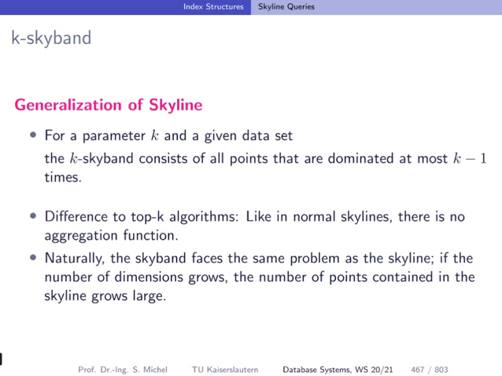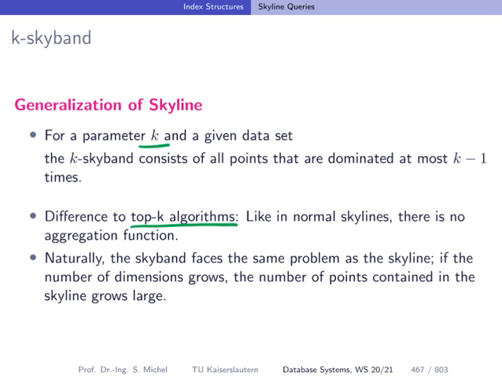You can generalize the concept of skyline into the so-called skyband, where there's a parameter k, and the skyband consists of all points that are not dominated, or that are only dominated at most k-1 times. Since we have a parameter k here as well, again, note the difference to top-k algorithms.